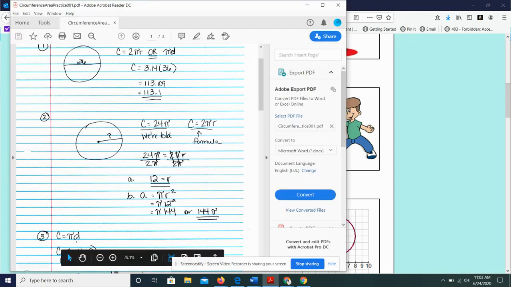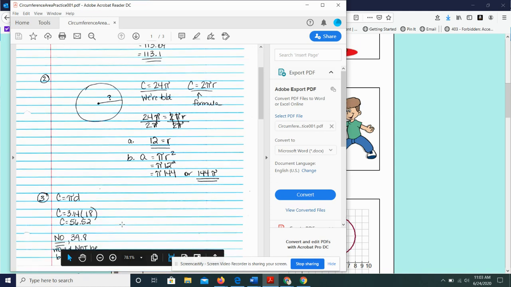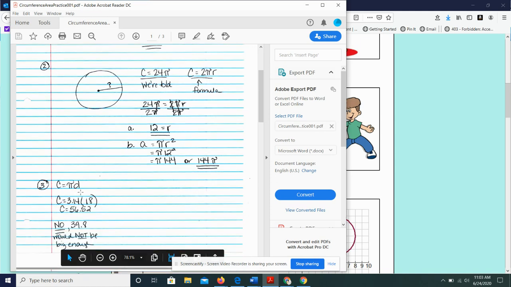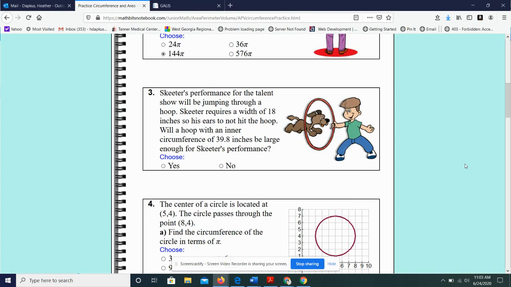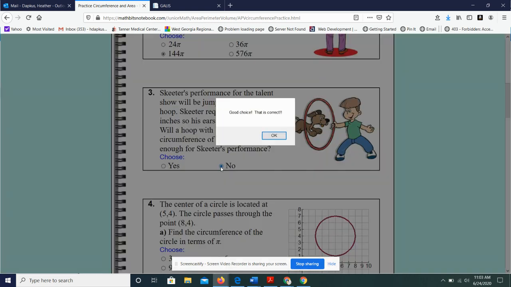Circumference equals pi times diameter, and he needs at least an 18-inch diameter. 3.14 times 18 is 56.52. So 39.8 would not be big enough. It needs to be at least 56.52 circumference. So no, and that is correct.